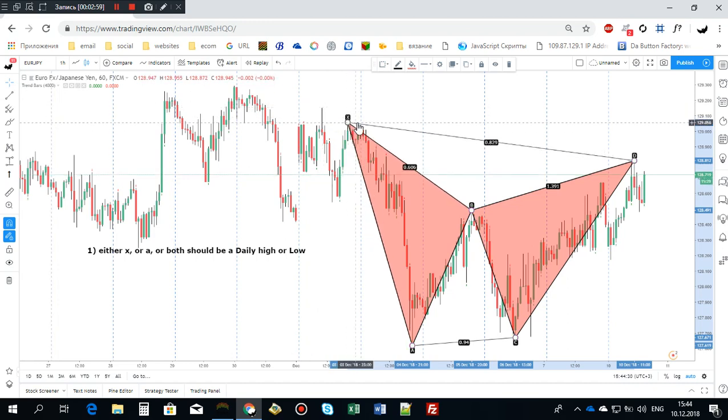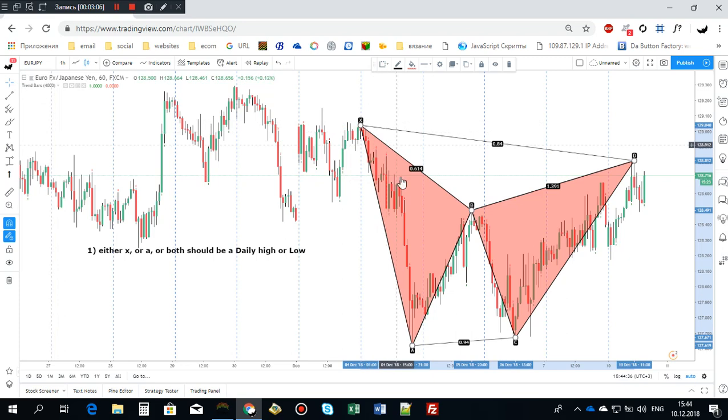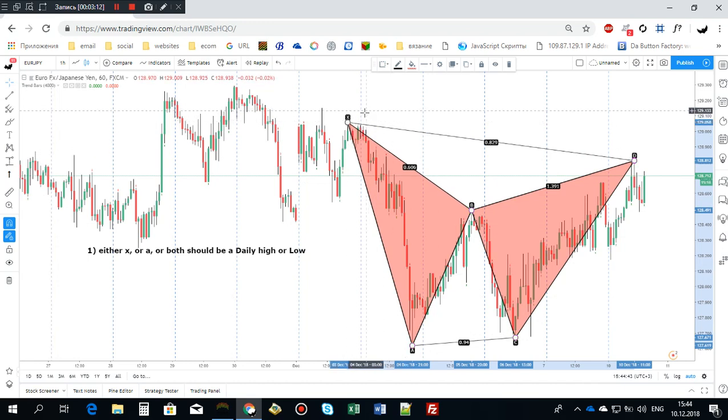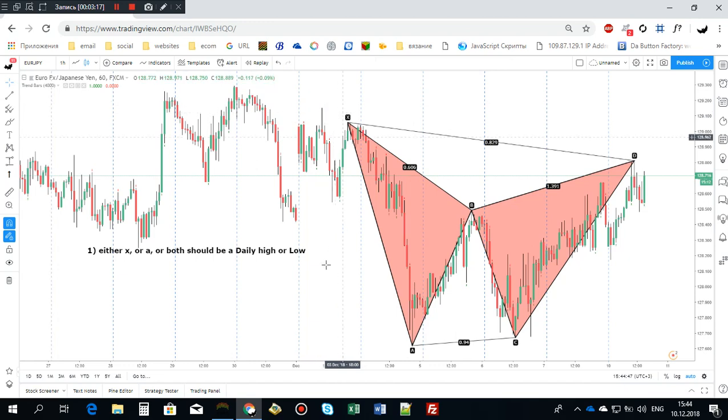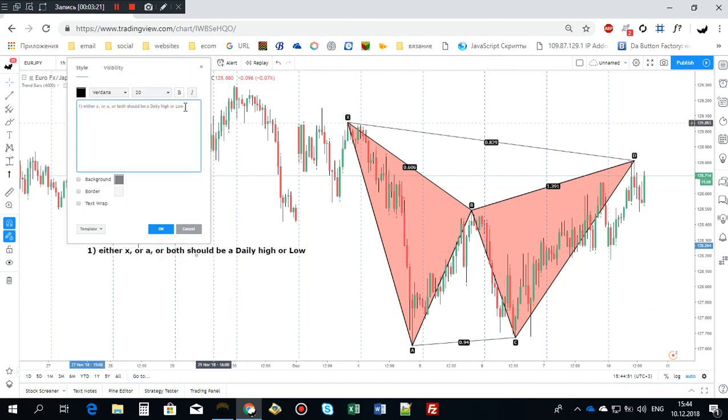But it is okay to stay here because it is almost a daily high of this day. You see, it is slightly higher than the daily high of this day from here to here, so it doesn't actually make much difference.